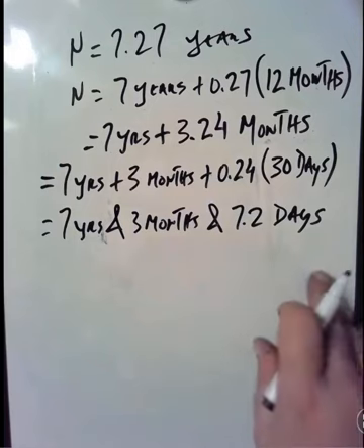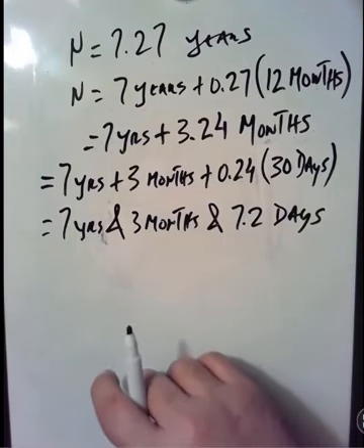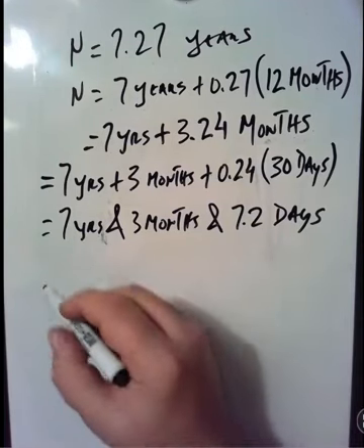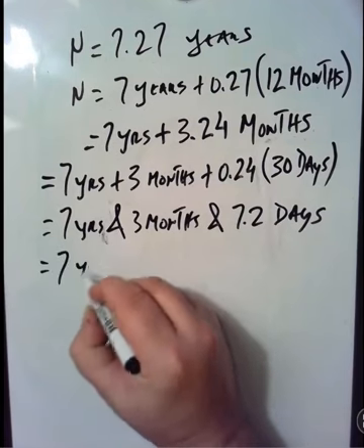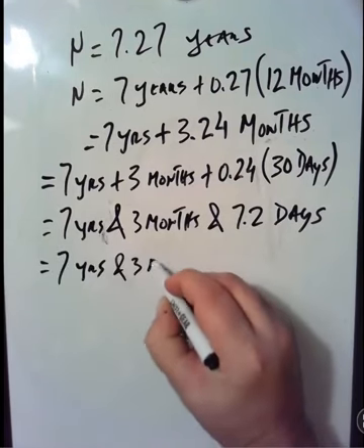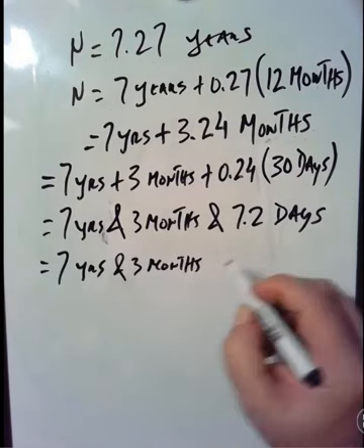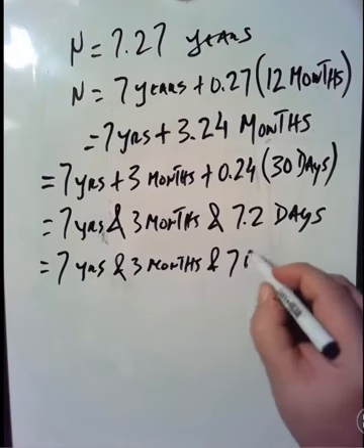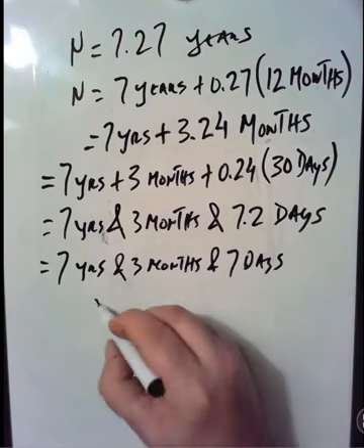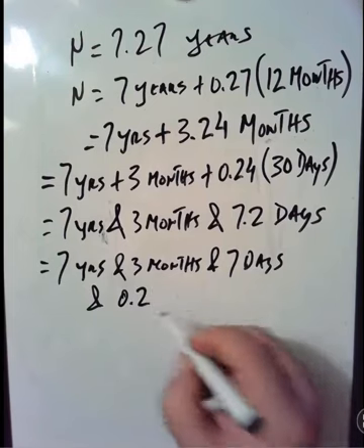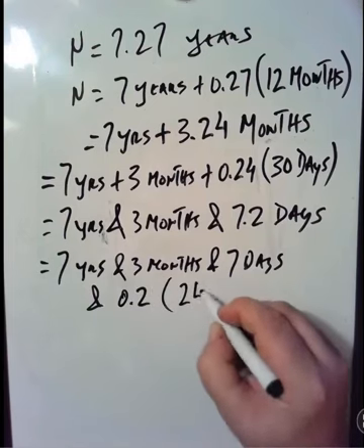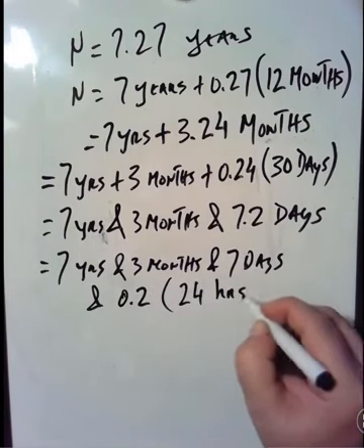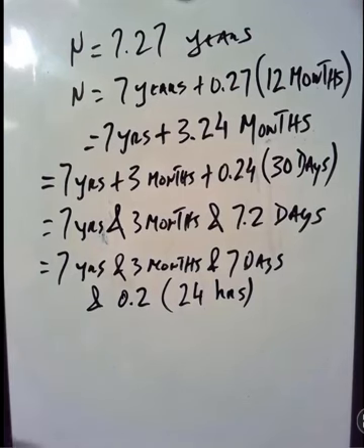If you want to go to hours, you can also go to hours. So that will be 7 years, 3 months, and 7 days, and 0.2 of the 24 hours that are in a day.